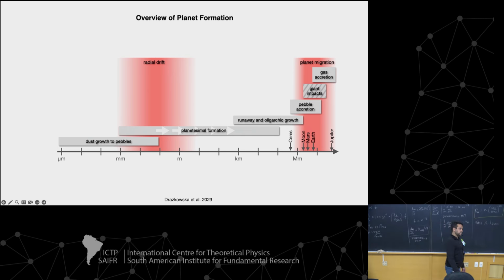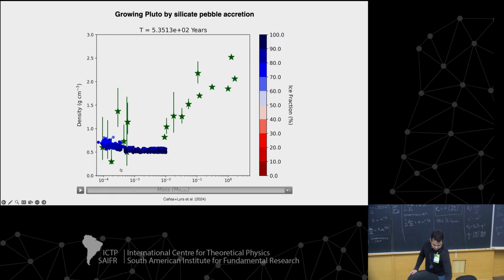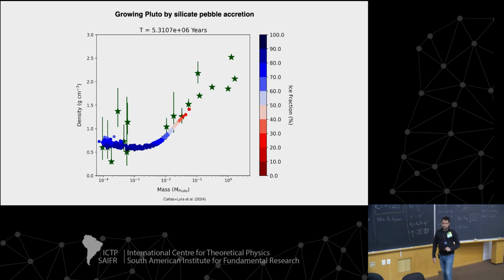I'm not sure if I understood why, in the last plot you showed, the ice fraction decreases when the mass increases. Right, so your question was, why is it that the ice fraction is decreasing towards the end?